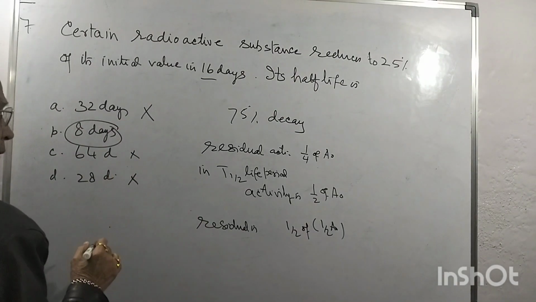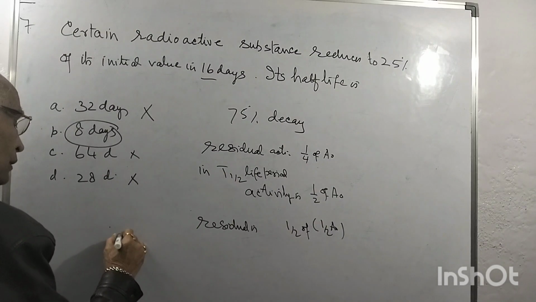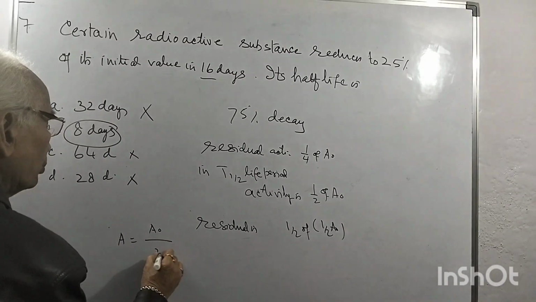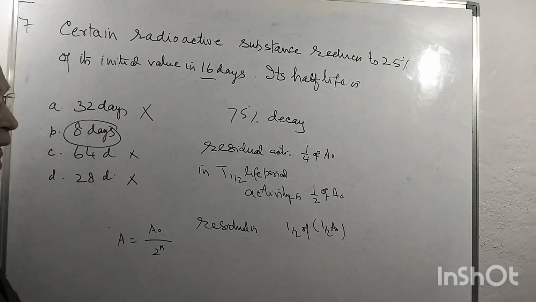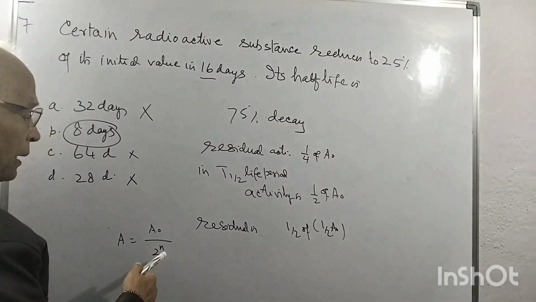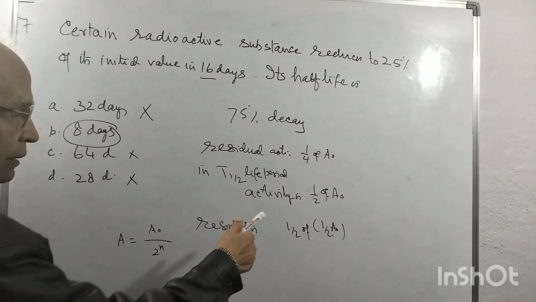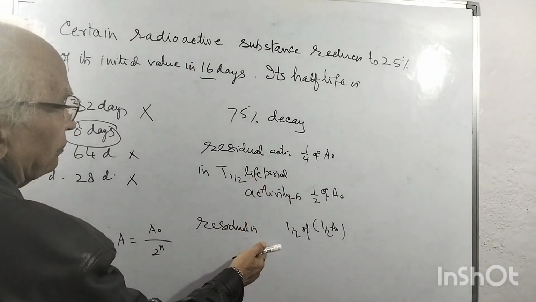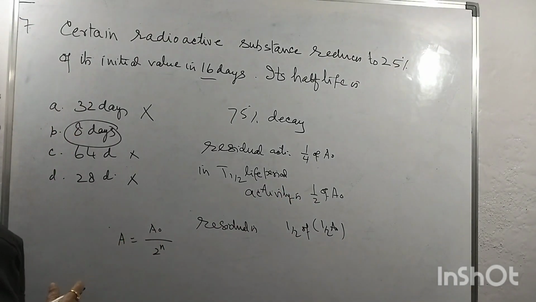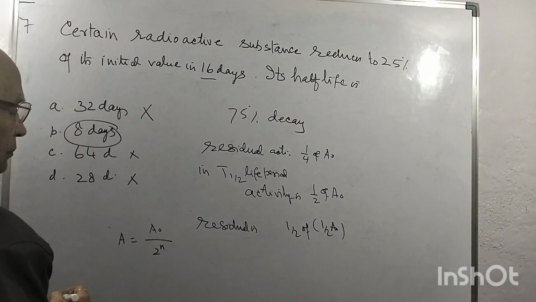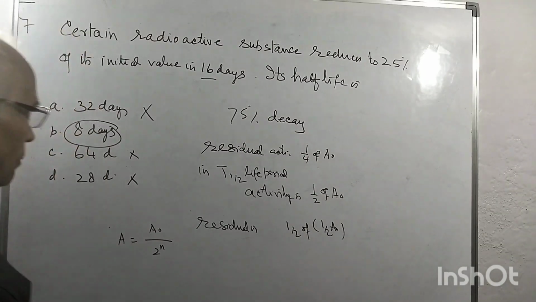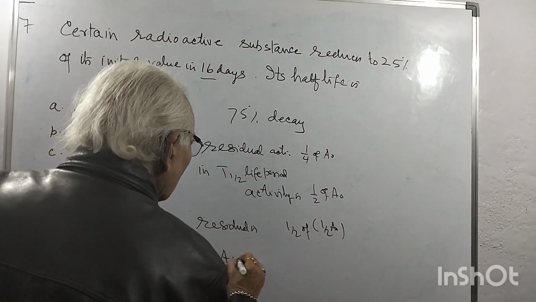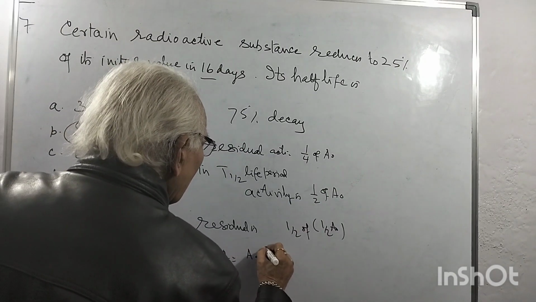Or you can get it from the formula also, that A is equal to A naught by 2 to the power n, where n is the multiple of half-life. Here it is 2, because from here to here it becomes half of this. So n is 2. Or you can get it from A is equal to A naught e to the power minus lambda t.